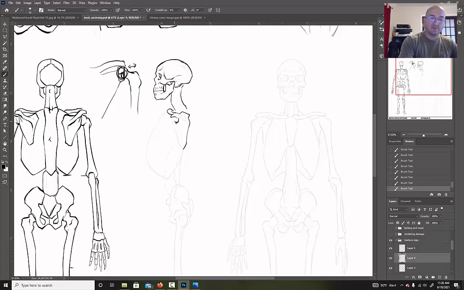This is that little socket bit that I was talking about, where the humerus sits, and that's that spinal ridge on the scapula where the trapezius muscles attach. Sternum, ribs.